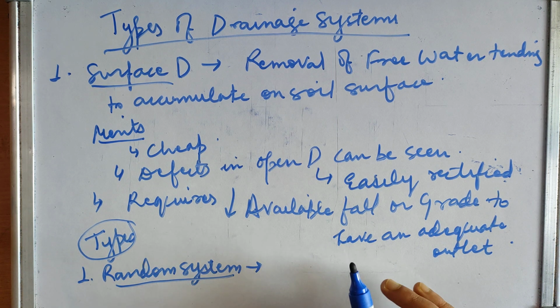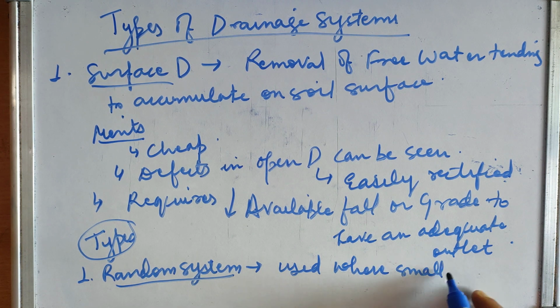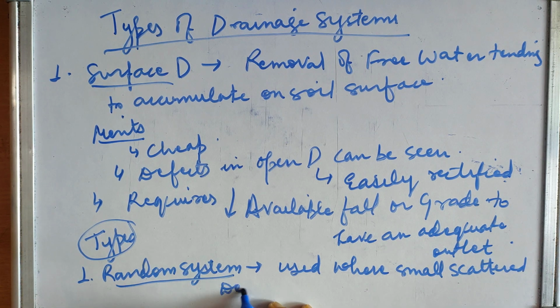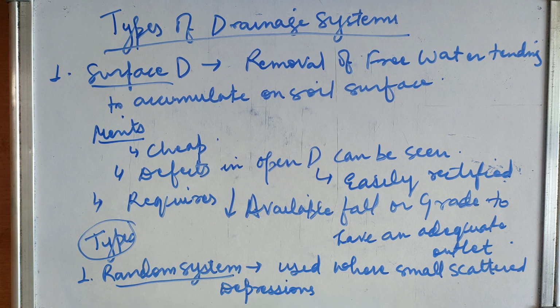Here it is used where small scattered depressions are to be drained over the area. This is a random system.